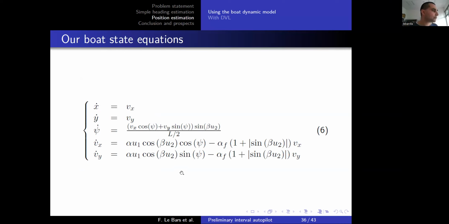So here I propose a simple model for the dynamics of our boat, which is somewhere in between the very simple model of the Dubins car, which would be a little bit not accurate enough for our specific boat, and still, we did not want to go into a very complicated model for the robot, so we made some kind of compromise.